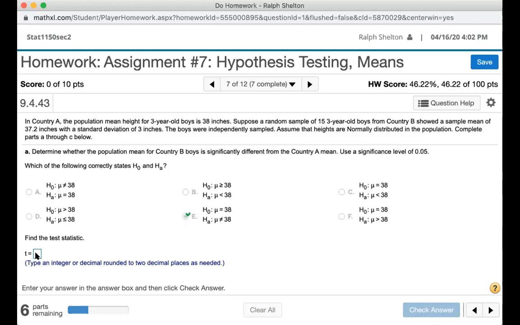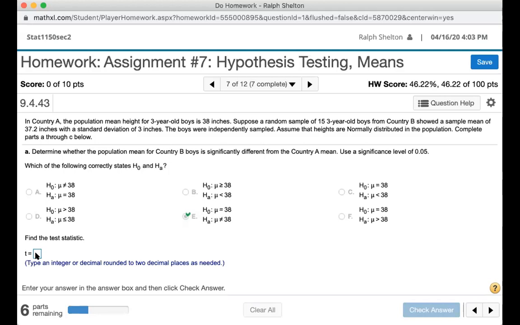And I'll plug these in from our problem here, and then I'll switch the camera to this. So our sample mean, X bar, was 37.2. The mean that we're testing to see if country B is the same as country A is 38. So 38 is the null hypothesis.